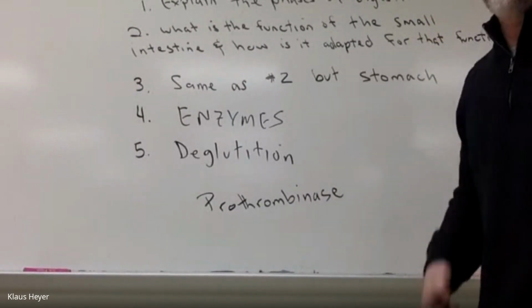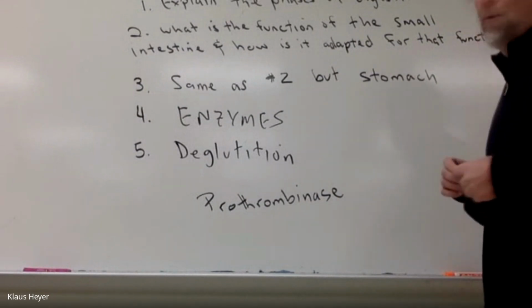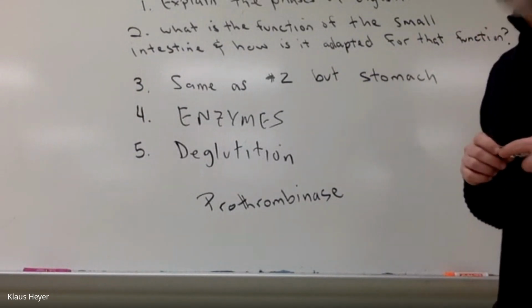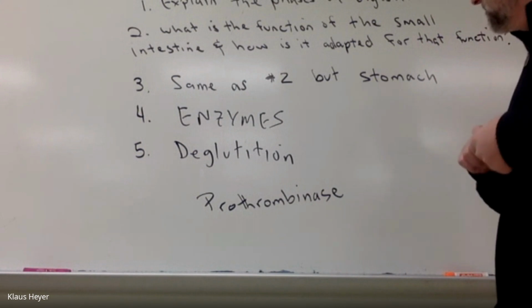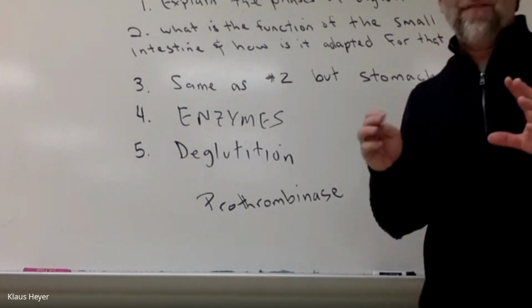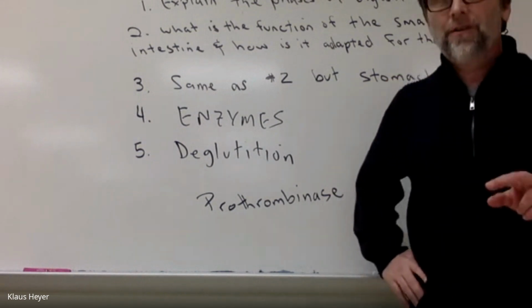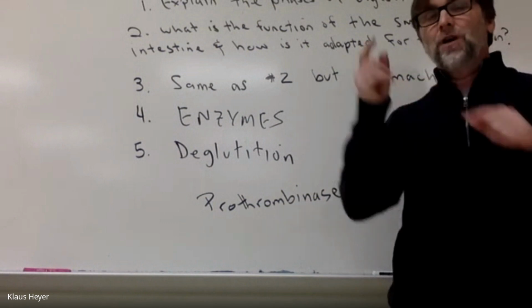Thrombin is going to convert fibrinogen into fibrin. I can write it out if you want. I forget if it was an exam or a quiz, but both questions are on there. I just turned both of those questions into one question.